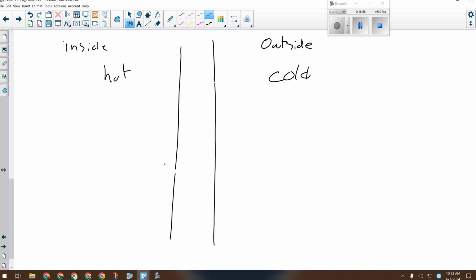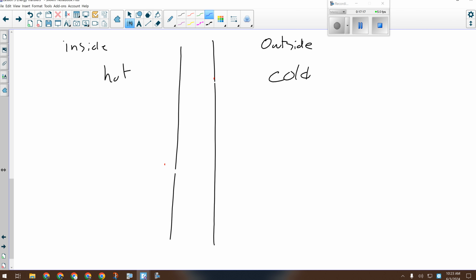Now fiberglass is exactly what it sounds like. It's a whole bunch of tiny glass fibers, and they're just interwoven, and it looks like a bird's nest. You know, like birds intertwine the sticks and straw and grass and everything to make their nest. That's what insulation looks like.